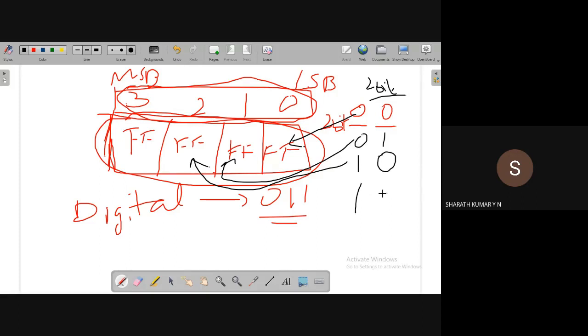The last bit is identified with the address 11. Let us write the address for each bit: 0, 0, 0, 1, 1, 0, 1, 1. Of course, in decimal it is 0, 1, 2, and 3 anyway. No problem. Okay, fine. This is for the 4-bit.